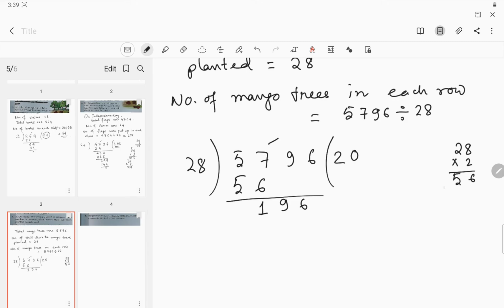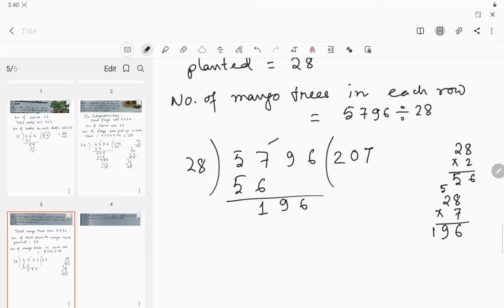Now search where it fits. So 28, if you multiply 28 by 7, 7 8s are 56, and carry 5, 7 2s are 14, and 14 plus 5 is 19.